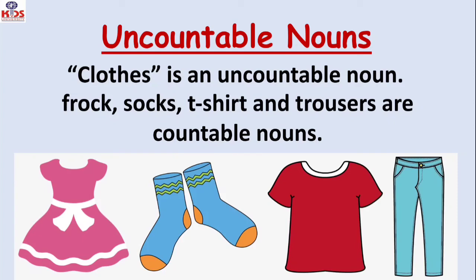But we cannot say that I have 5 clothes. It's incorrect. So, clothes is an uncountable noun and frock, socks, t-shirts and trousers are countable nouns.